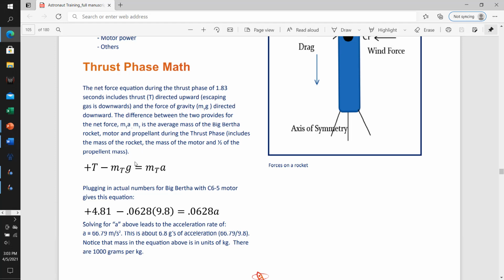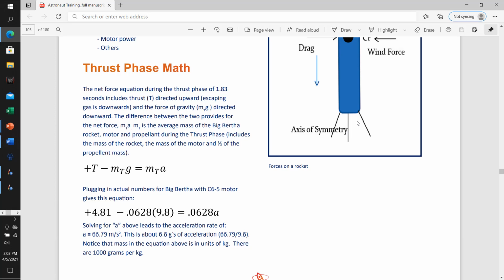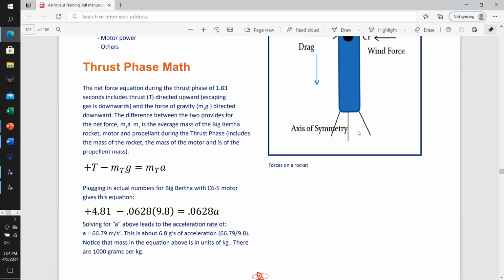This is Newton's second law. The subscript t here means just the mass of the rocket during the thrust phase. The mass of the rocket changes because as it expends fuel, it becomes lighter. So m sub t is the average mass of the rocket during the thrust phase.